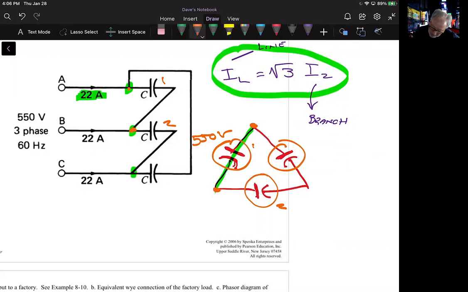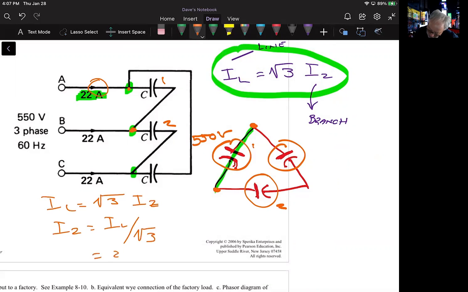Now, as we go through here, I know the line current, let's say I had a meter in here and I measured that current in that line at 22 amps. So I sub L equals square root of 3 times the branch current. Branch current is equal to line current divided by square root of 3.